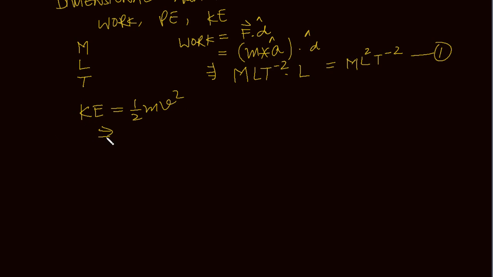So dimensionally you have m multiplied with L t to the minus 1, squared. Half, the constant, is dimensionless, so this becomes m L square t to the minus 2.